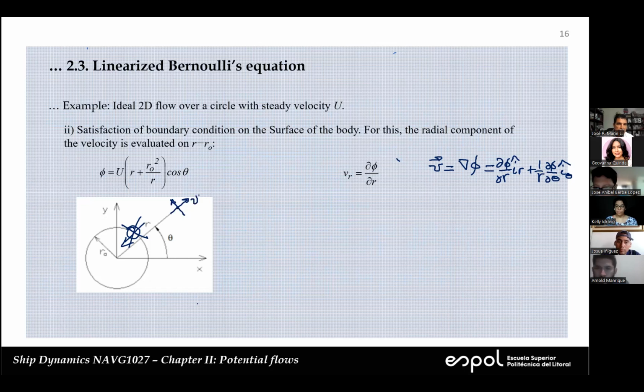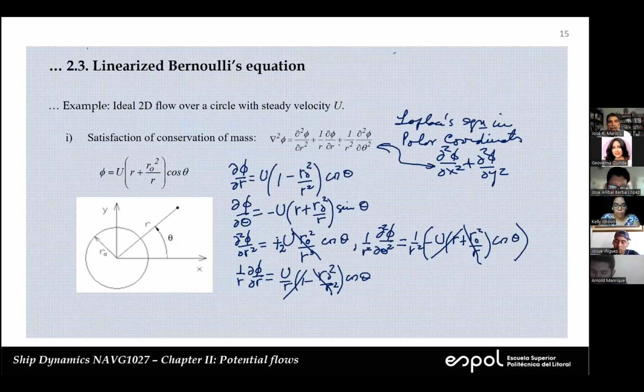This is going to be Vr, and this is going to be V theta. Vr is simply d phi/dr, and V theta is equal to 1 over r d phi/d theta. This is the unit vector in the r direction, and this is the unit vector in the theta direction, the tangential direction. So we want to calculate d phi/dr and evaluate it on the surface. That's why I asked you to calculate it.